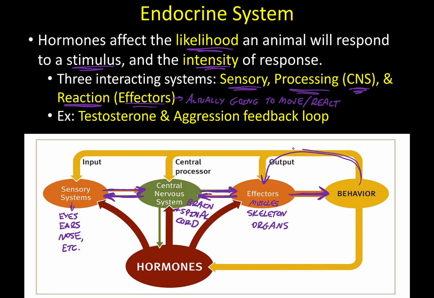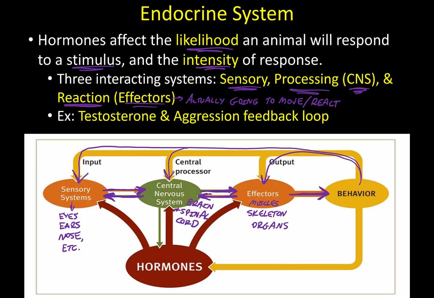That behavior is also going to be potentially changing the situation. Maybe it's scaring off the competitor, maybe it's simply making the competitor angry, and that's going to create more information for the sensory system to report to the brain. That behavior is also then going to create feedback for the central nervous system, whether the animal feels strong in its aggressive response to the competitor, whether it's confident in that response.